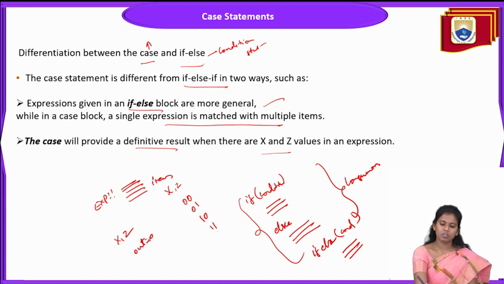When the selection lines or the input bits are X and Z values, the output is definitive, the output results as 0, don't care conditions. Whereas in if conditions, the statements and the decisions that you are making can be compromised in the if else statements when compared to the case statement.